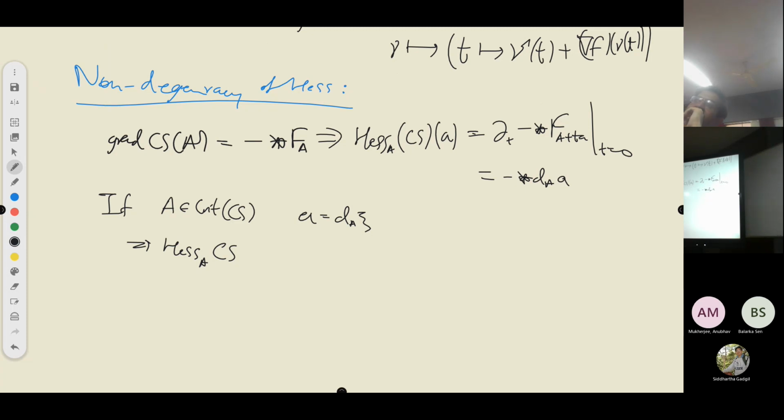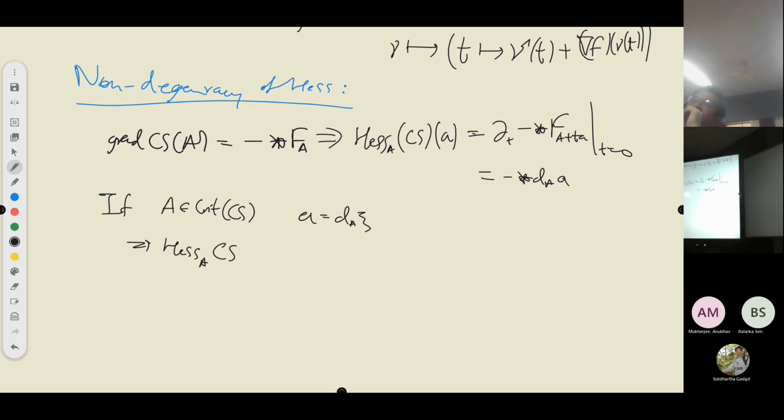Yeah, I mean, this formula we had derived, we don't even need to take a tube or anything. We took whatever path of connections we had on the three-manifold and extended it to the four-manifold. But once we have computed what the gradient is, the four-manifold is unnecessary to keep track of.